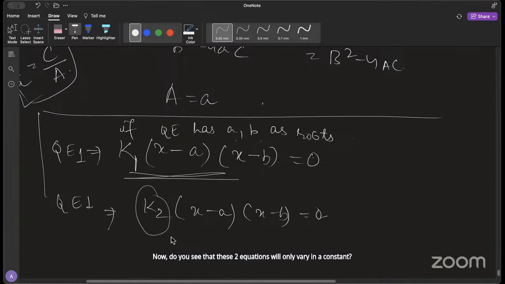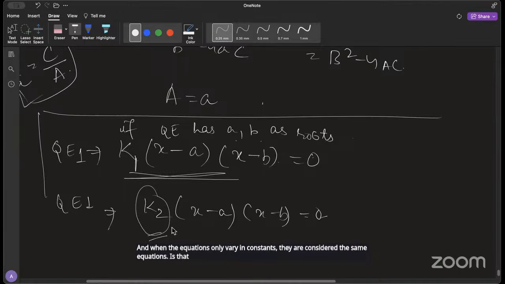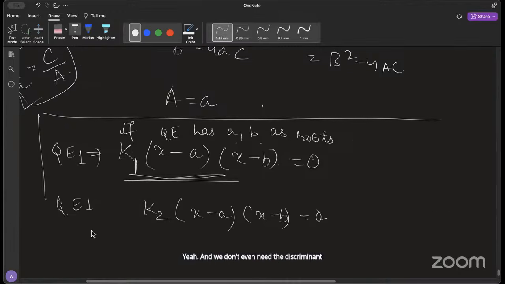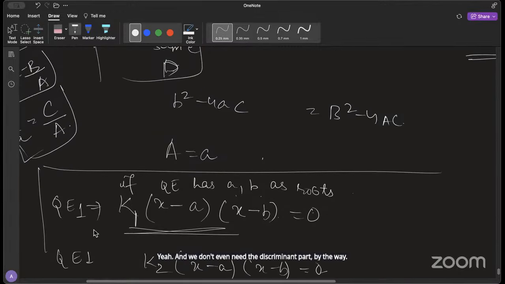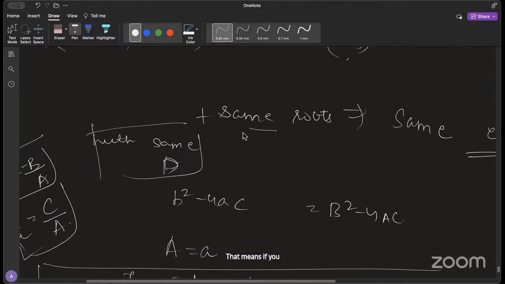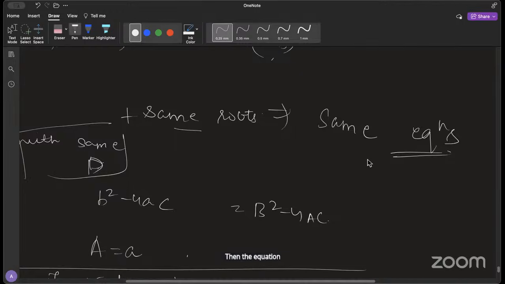And when the equations only vary in constants, they are considered the same equations. That's why when you multiply by -1, you are getting the same thing. And we don't even need the discriminant part, by the way. That means if you have same roots, then the equation has to be same.